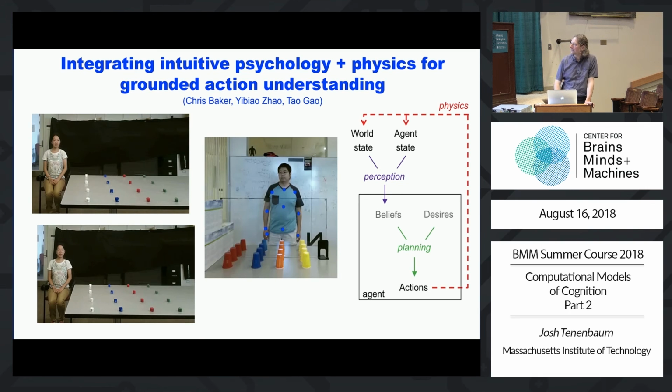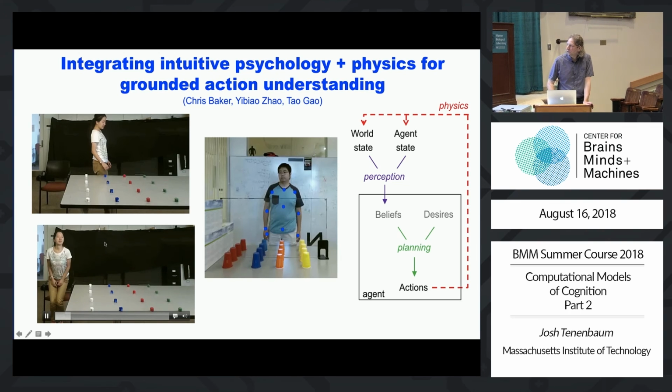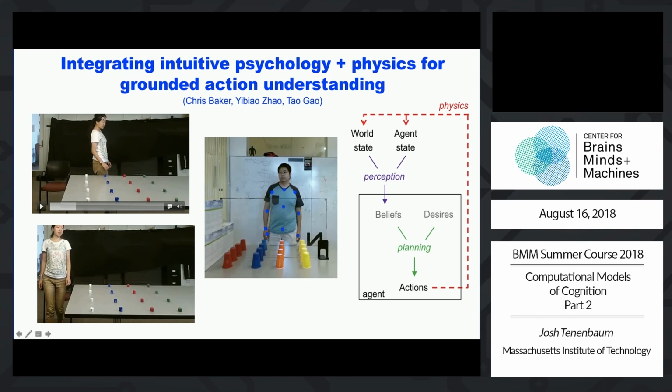You can extend this to things which are even less like reaching. But MuJoCo, or a physics engine, can handle any of these things. So, a scene like this, where you get a sense of what she's reaching for just by how she stands up and starts to move. Or here, before she's started to move her arms at all. I mean, part of it, of course, is driven by her eye gaze.